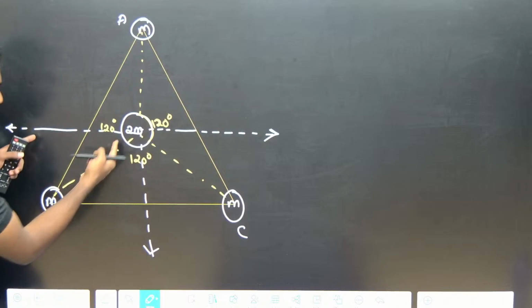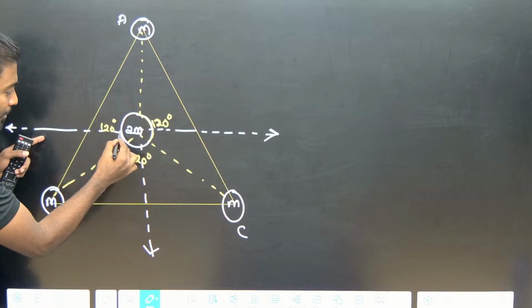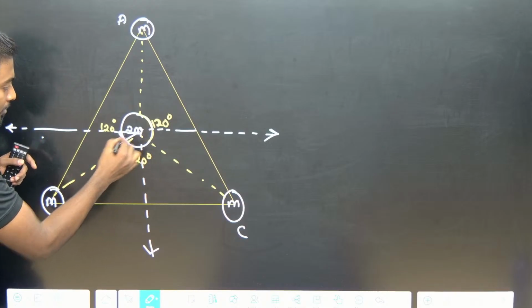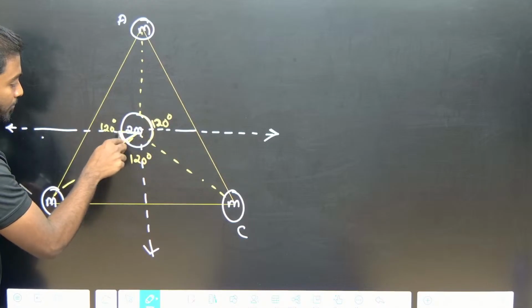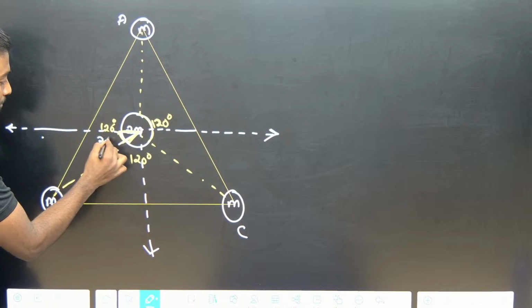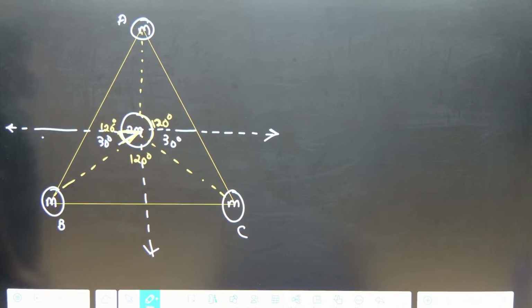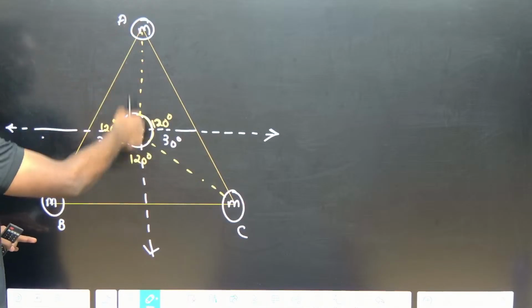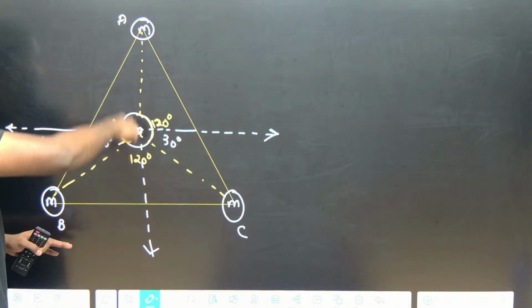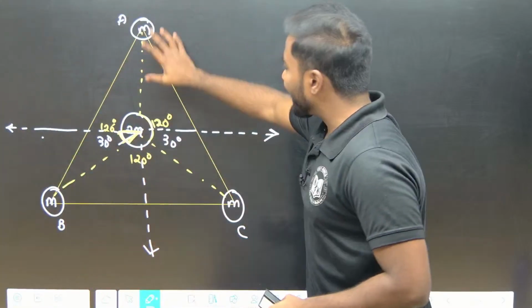So when I see this x axis and B, how much angle has been made? Only this one I need to calculate. If this is 90, this will be 30 and this also will be 30 degrees. Done? Yes, no? This one is in the y axis only.